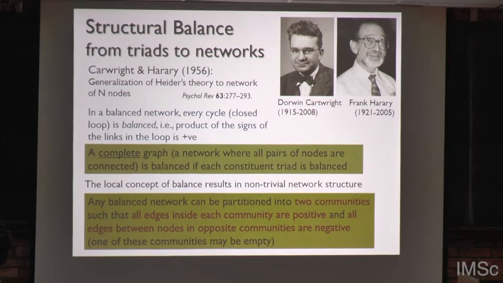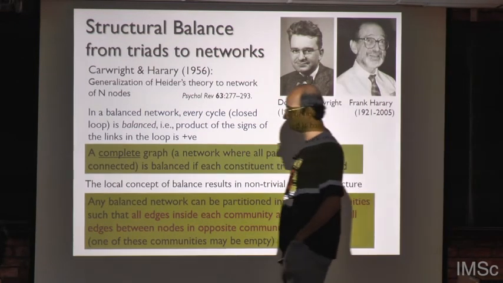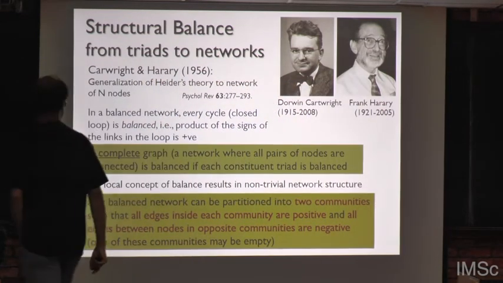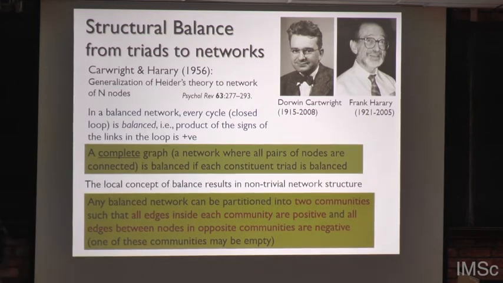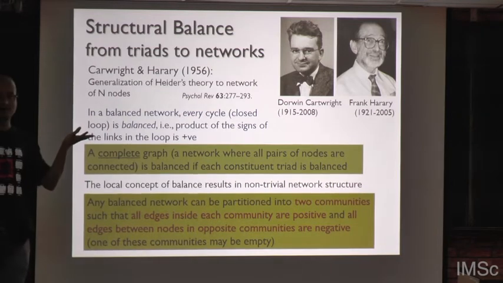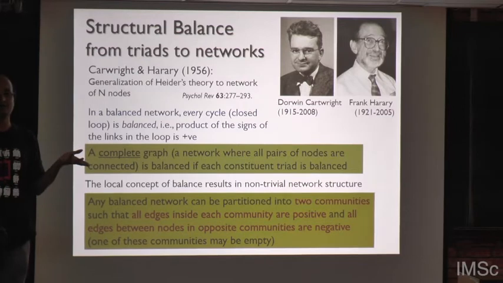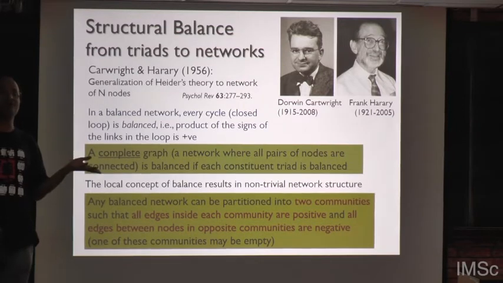So this was put into some kind of a rigorous framework by two graph theorists, Cartwright and Harary in 1956, where they essentially extended this to all kinds of cycles beyond just 3 node triads.